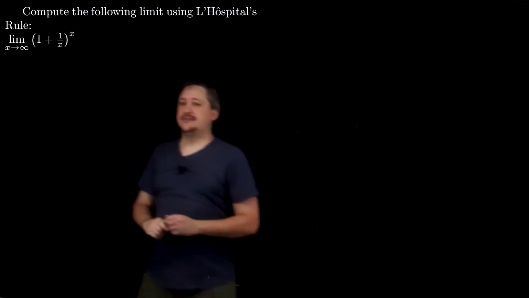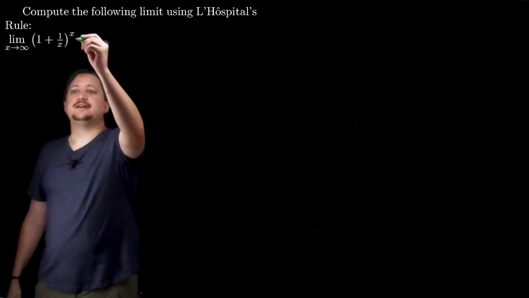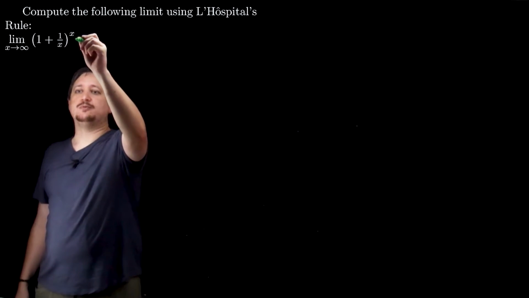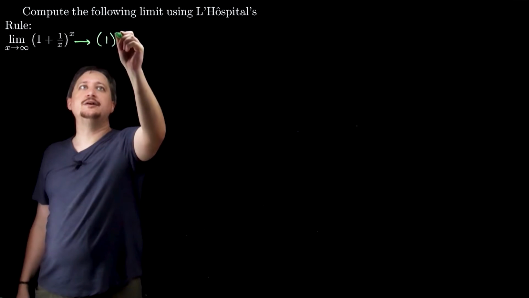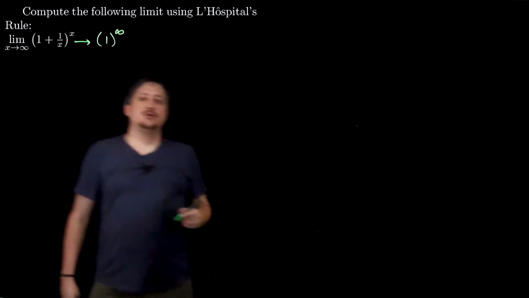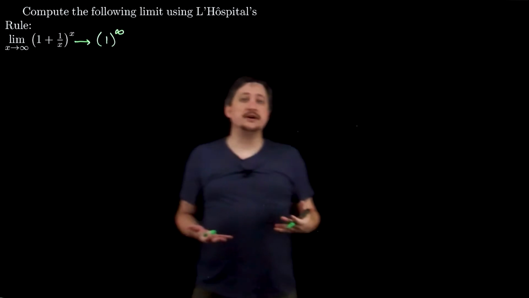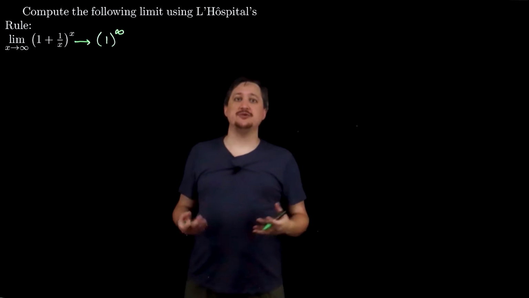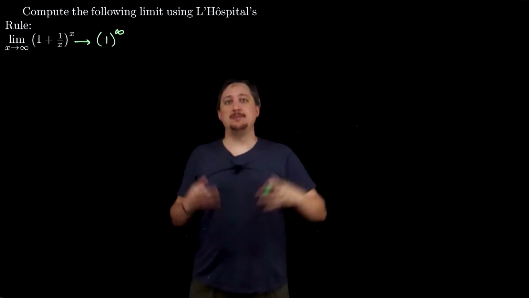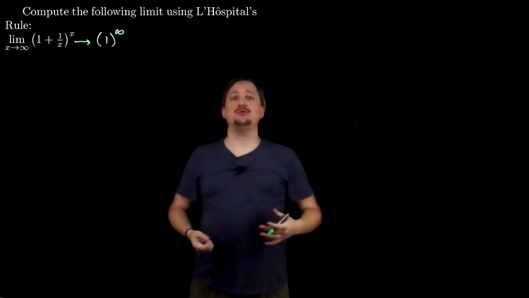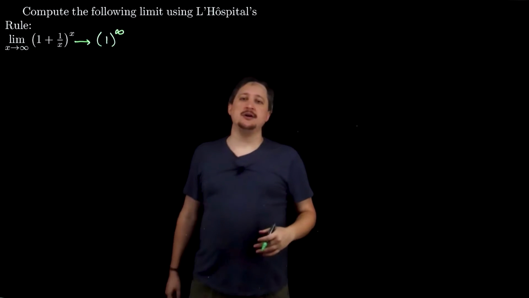In fact, if I think about what the infinity is doing, this thing is going to something of the form 1 to the infinity, which is still an indeterminate form, because you have that tension between something trying to stay small with the 1 as the base, but the infinity power is trying to blow it up to a large thing.